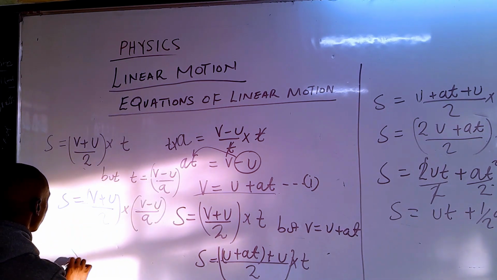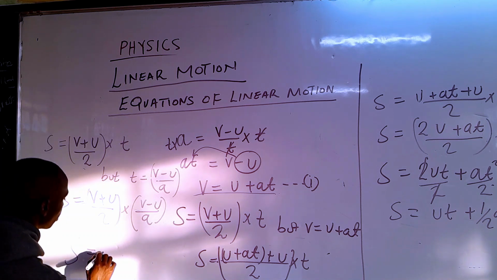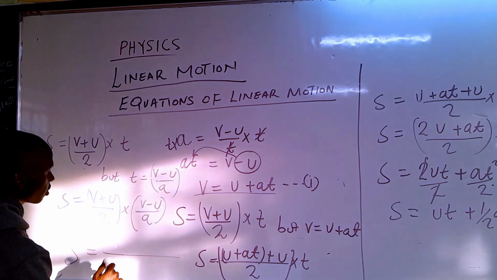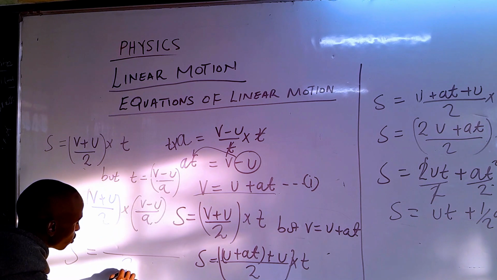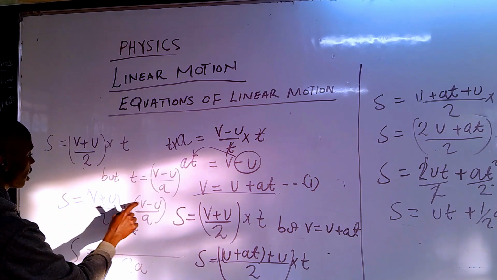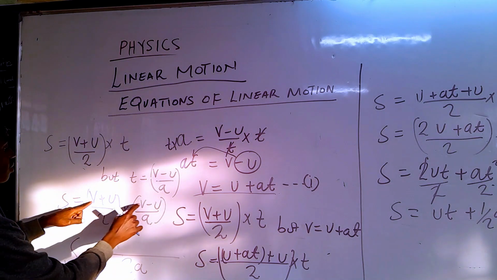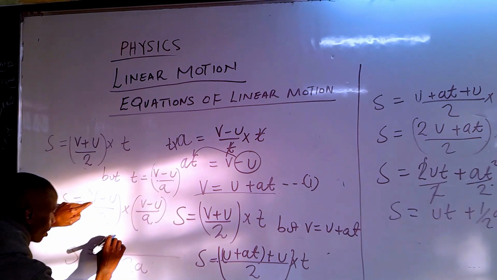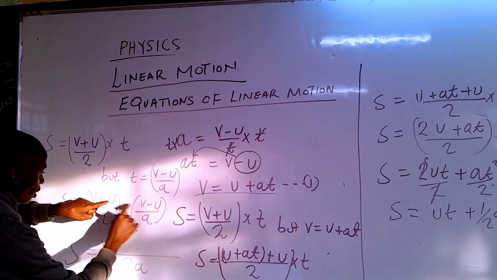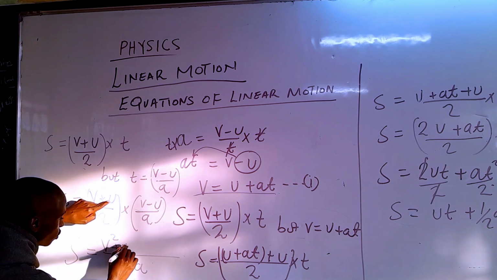So to simplify this, we are going to have s. The denominator remains, that is 2 times a, we get 2a. Then we multiply the components inside this bracket. So v multiplied by v, we get v squared. Then v multiplied by u, we get uv.